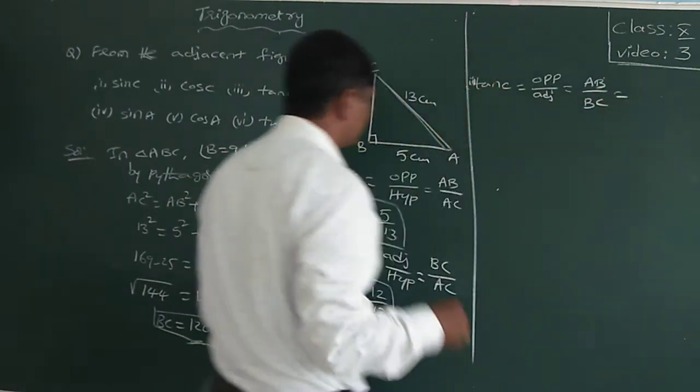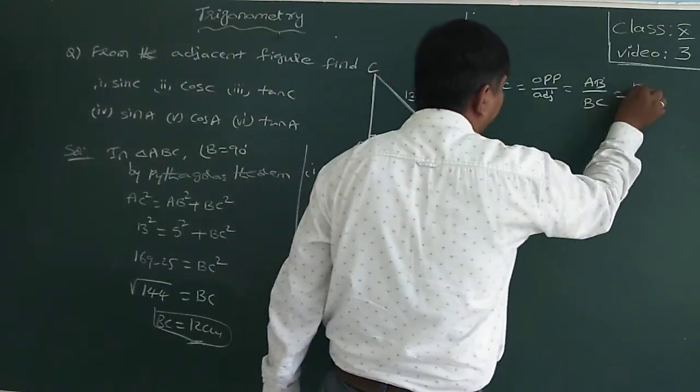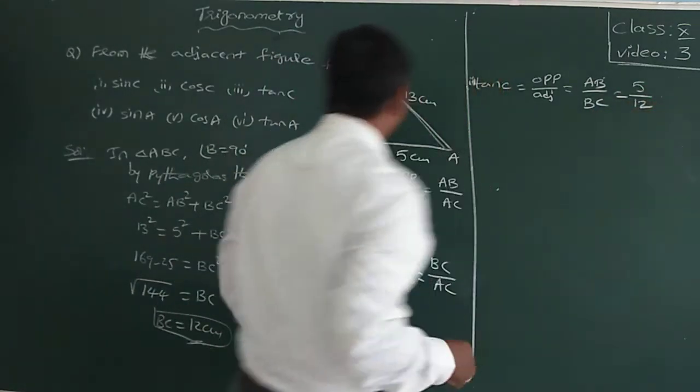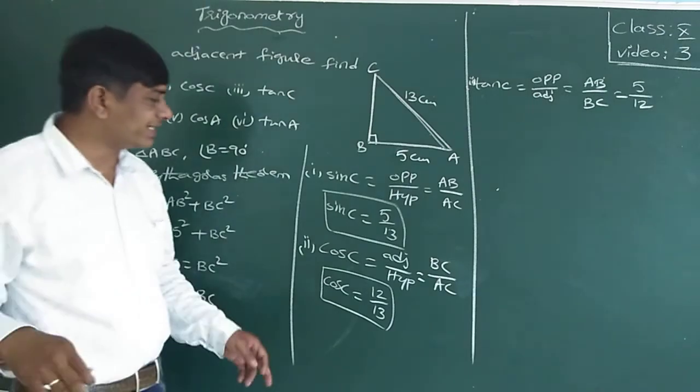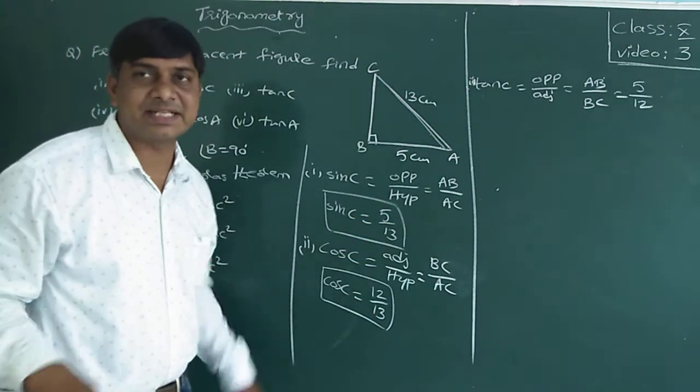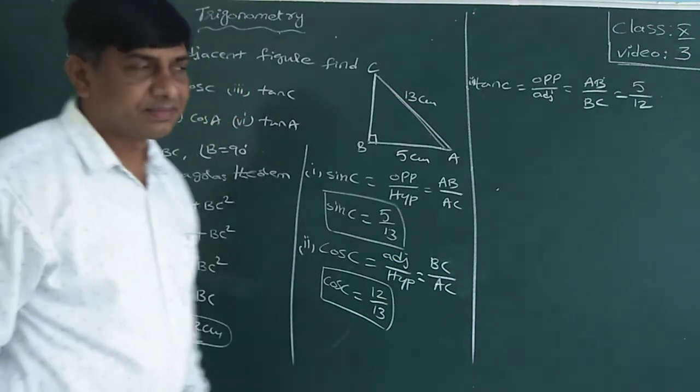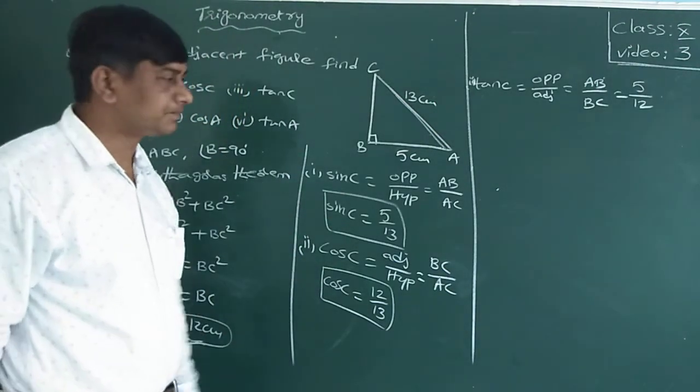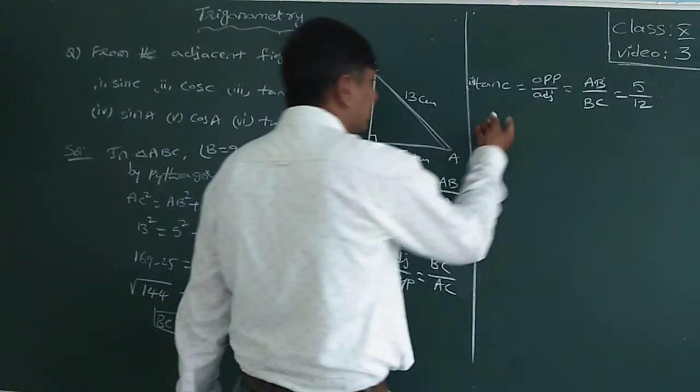That is equal to AB is 5 by BC is 12, 5 by 12. Or else you can take 5 by 13 divided by 12 by 13; 13 cancels, giving 5 by 12, because tan is sin by cos. C is completed.